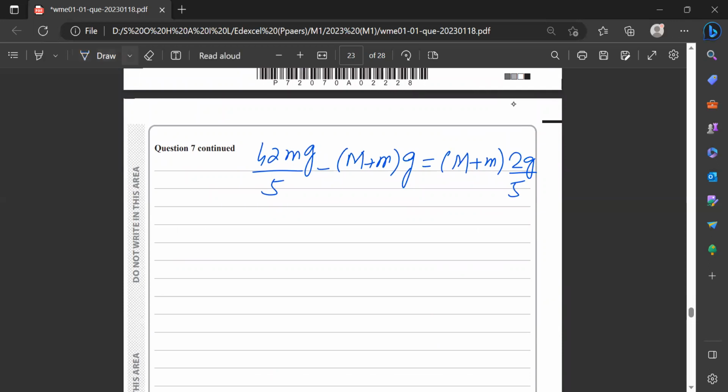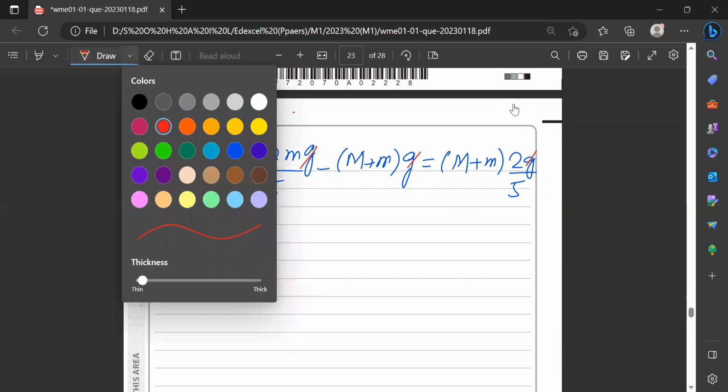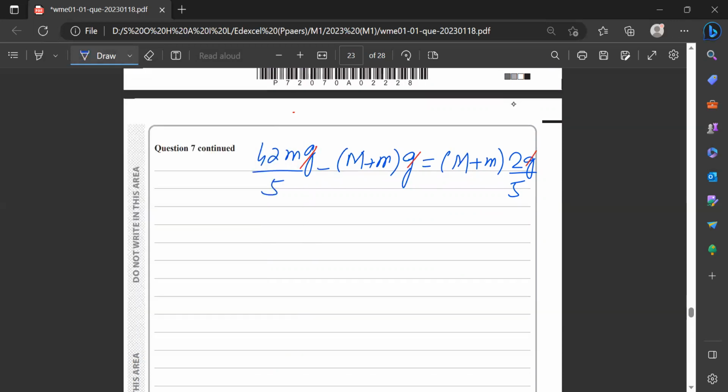So I can simplify as g is common throughout. I can remove g throughout. The rest is 42 over 5.